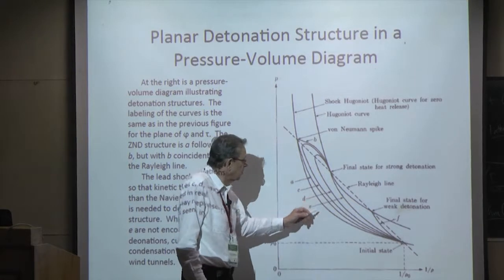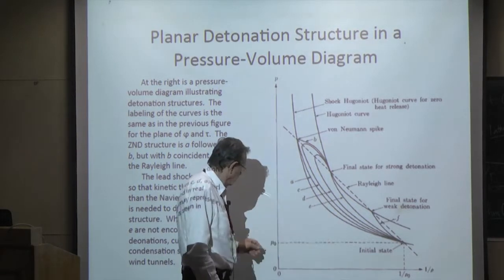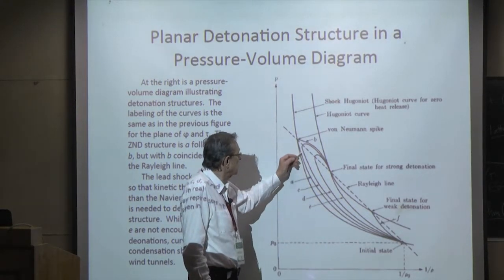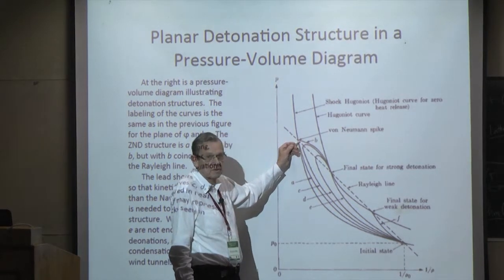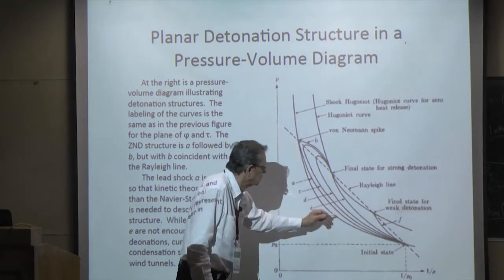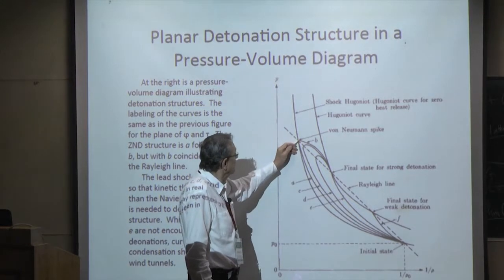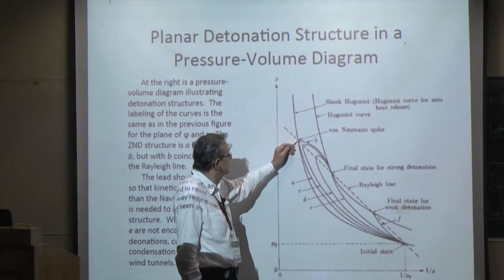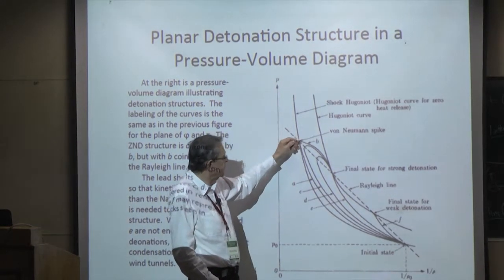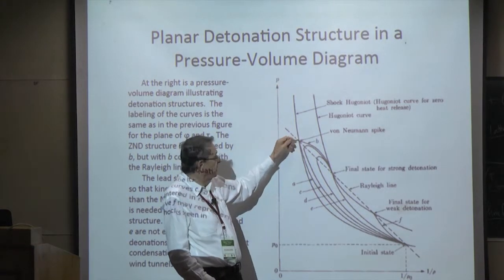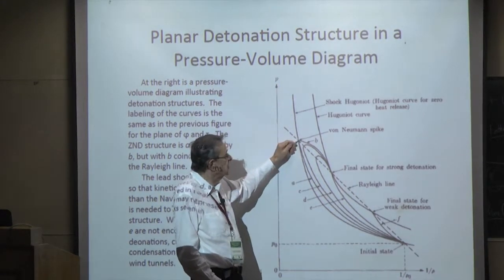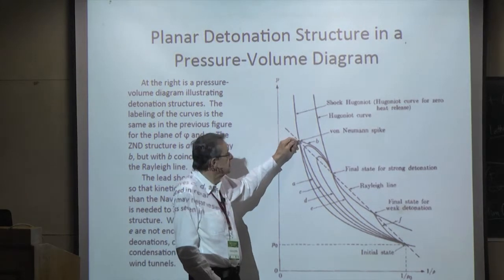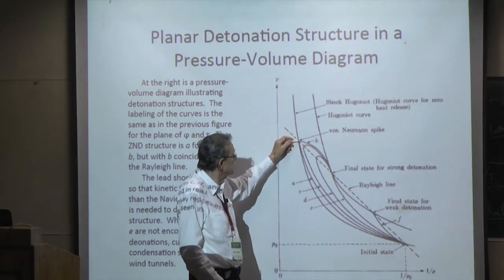You really want to know what the structure of the shock is in this regime. You don't solve the Navier-Stokes equation, you solve the Boltzmann equation, because that's what gives you shock structure. It goes from here to here. This spike, this highest pressure point at the end of the shock wave, is the Neumann condition. So this is the Neumann spike in detonation structure.